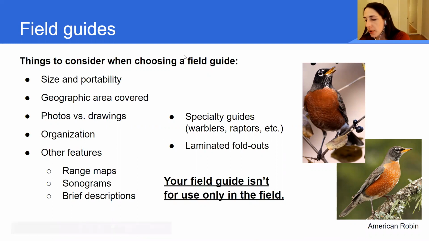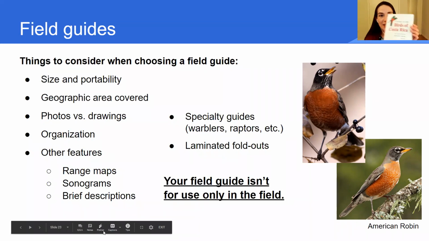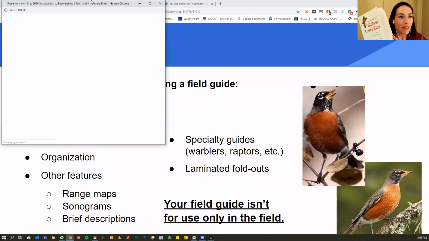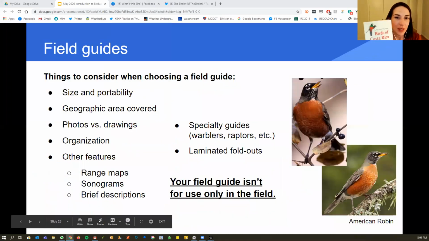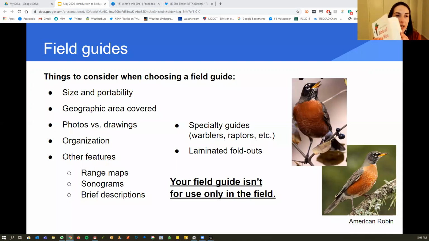Let me pull up another example that you might see. For instance, this is a really useful book if you're traveling abroad. It has descriptions of the birds located separately, and then all of the images of the birds are in the center panel of the book, in what are called plates. They're organized taxonomically, but it's really compact.